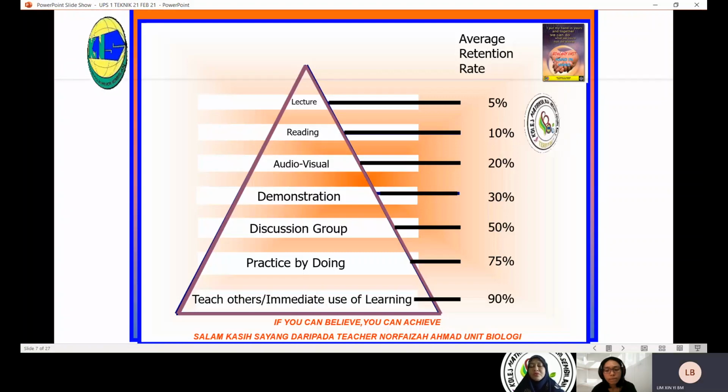Teacher hopes that in order for you to get full marks, as Madam Lim also advised just now, your contribution of UPS is quite a lot, 20%, accumulated from all the topics.